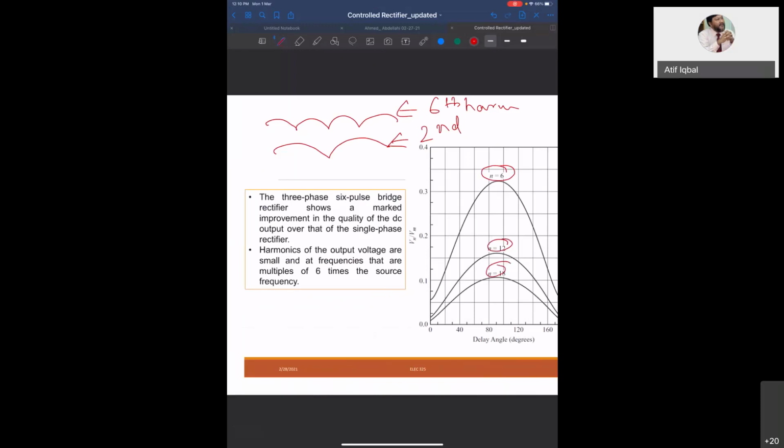Next 12, next 18. So harmonics of the voltages are small and at frequencies that are multiples of 6 times higher frequency. So at higher frequency, if you have the harmonics, then it is easy to filter out. You need a small inductor, a small capacitor, small passive components. This is the advantage of shifting the frequency. So you shifted it 6 times.